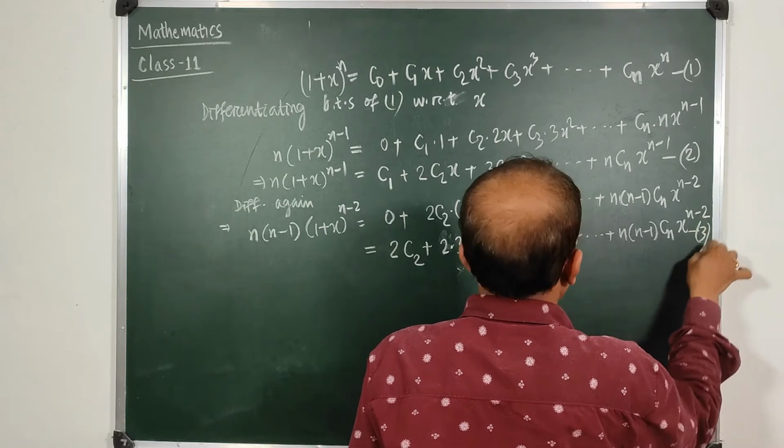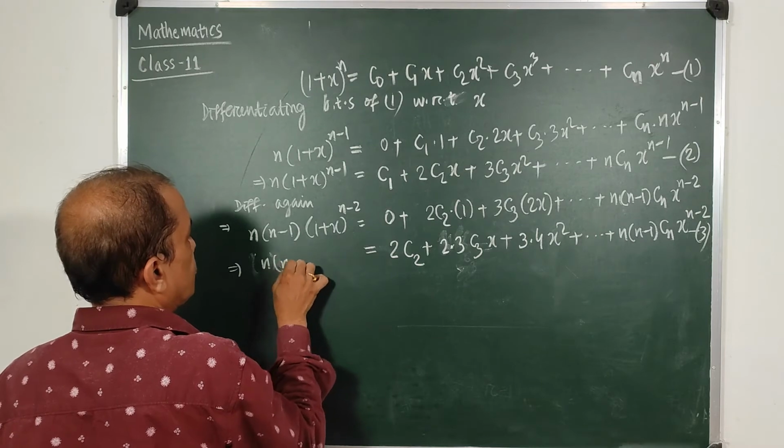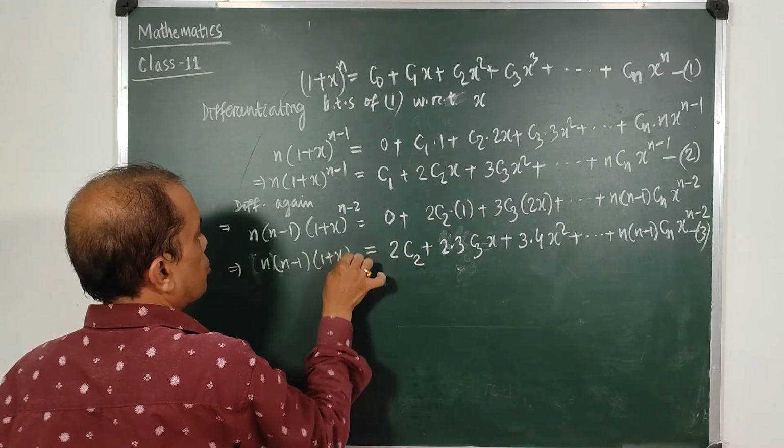This is equation 3, and on the left side I get n into (n-1) into (1 + x)^(n-2).